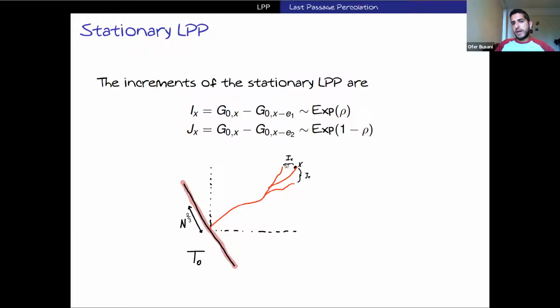So we can assign weights here by looking at the difference of the last passage time from T0 to X and from T0 to the point X minus E1, just going left. And so we can assign weights on the different edges that are north and east of T0.